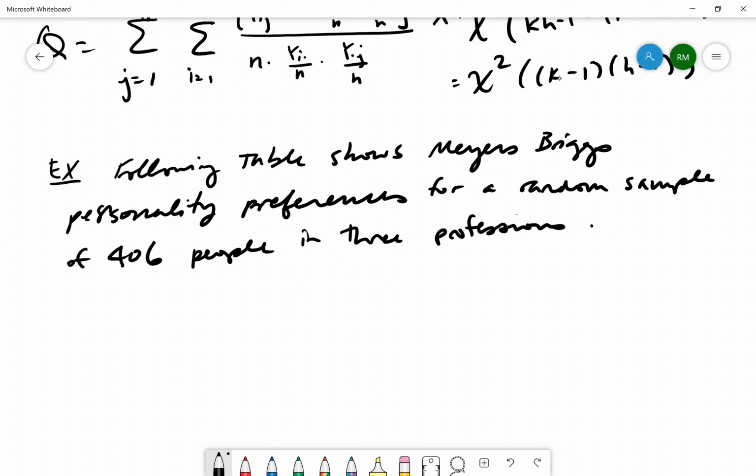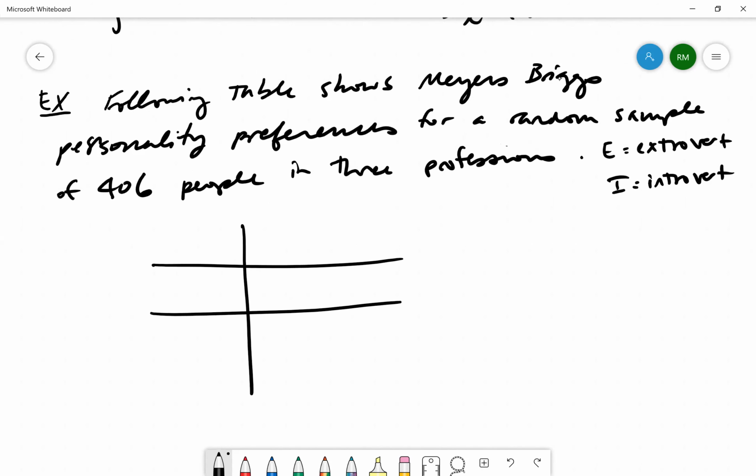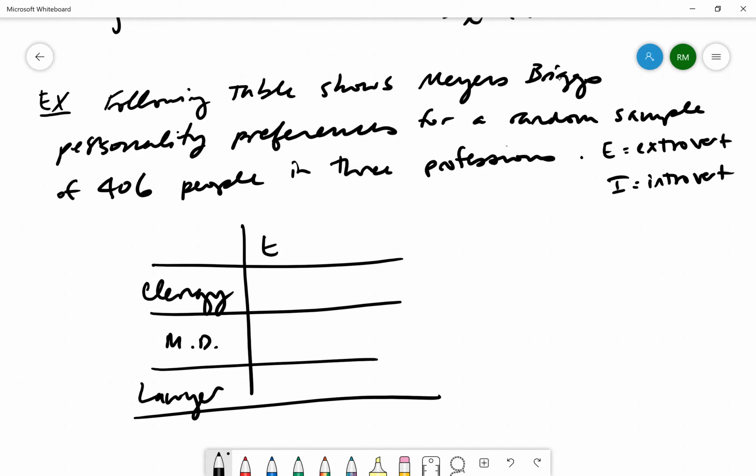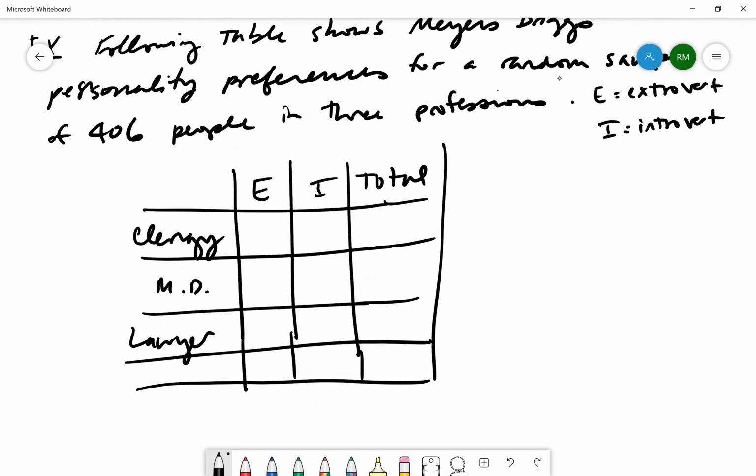E is extrovert and I is introvert, in case you don't know. Okay, so let's create this table. We have the clergy, we have MDs, and we have lawyers. We have extroverts and introverts.